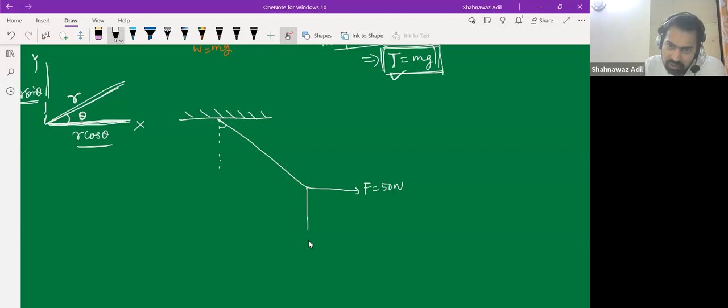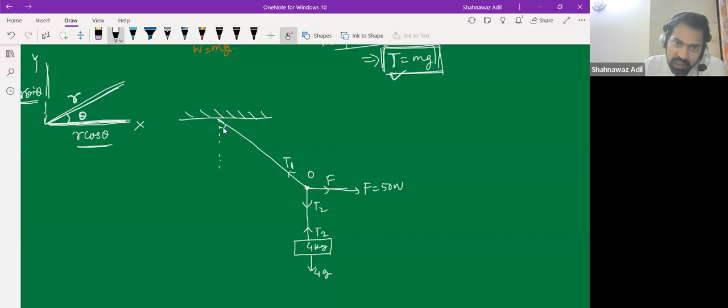This is the 4 kg mass. So we have this 4g weight and this T2 tension. Similarly, at this O point, we have this T2 tension in the opposite direction, force in this direction, and the tension in this direction.